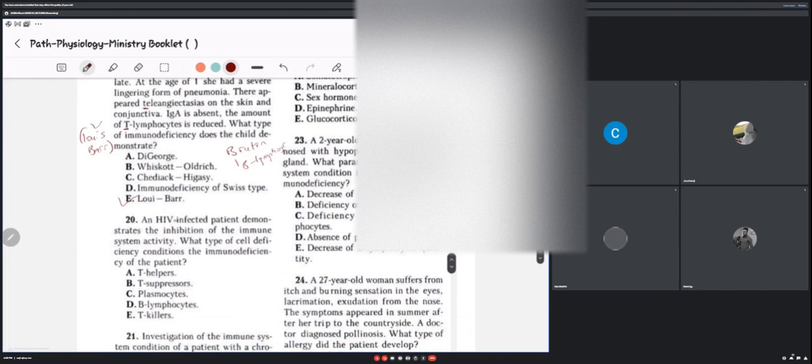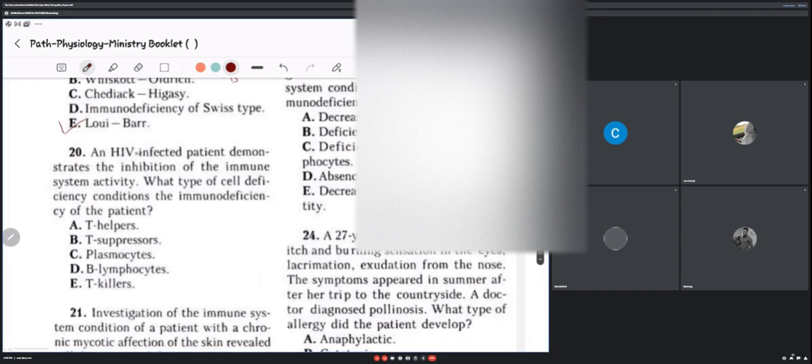HIV-infected patients demonstrated the inhibition of the immune system activity. What type of cell deficiency conditions this immune deficiency? Now, in the immune system, we have what we call the T helper cells. These T helper cells are the CD4 cells. Then the T suppressors prevent autoimmunity.